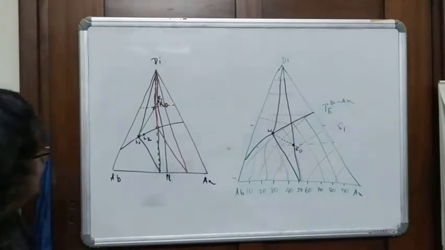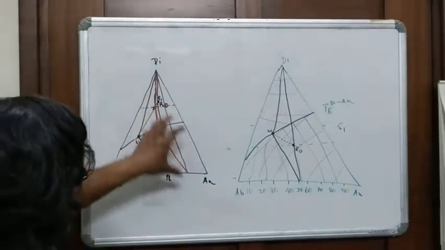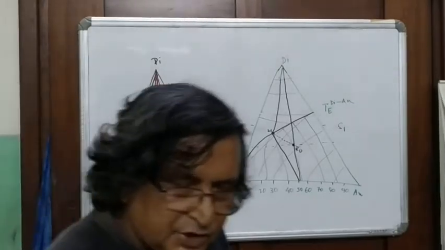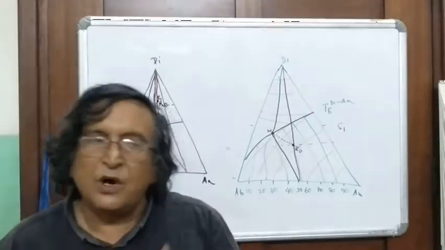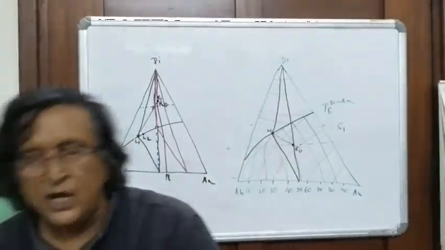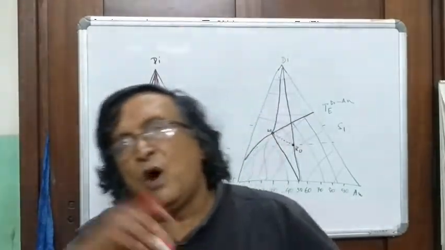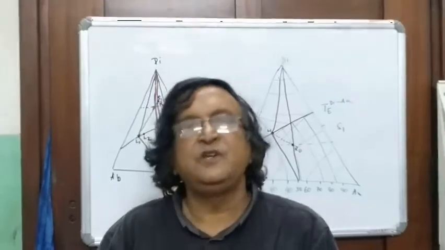So this is how melting can proceed. So wherever the rock composition or the melt composition is, you can predict what will be the temperature of melting, what will be the composition of melting, what will be the composition of the solid, what will be the composition of the melt, what will be the proportion of the mineral in the solid. All this can be determined.